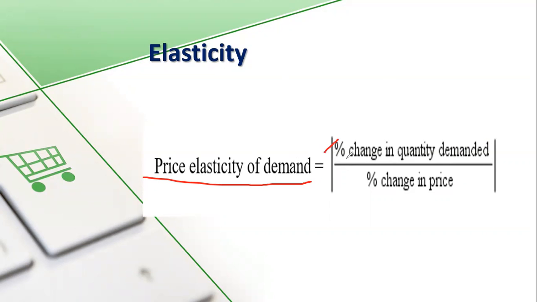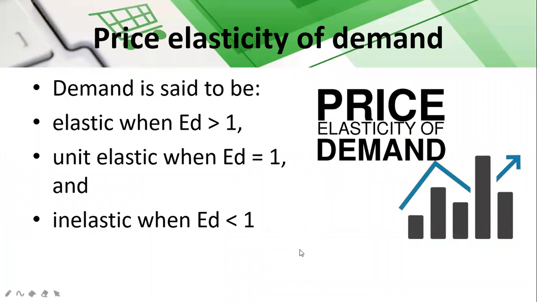So, it is the percentage change in quantity demanded divided by the percentage change in price. So, what is the price elasticity of demand? Let's try to know how we get the price elasticity of demand. Let's go to the next one.